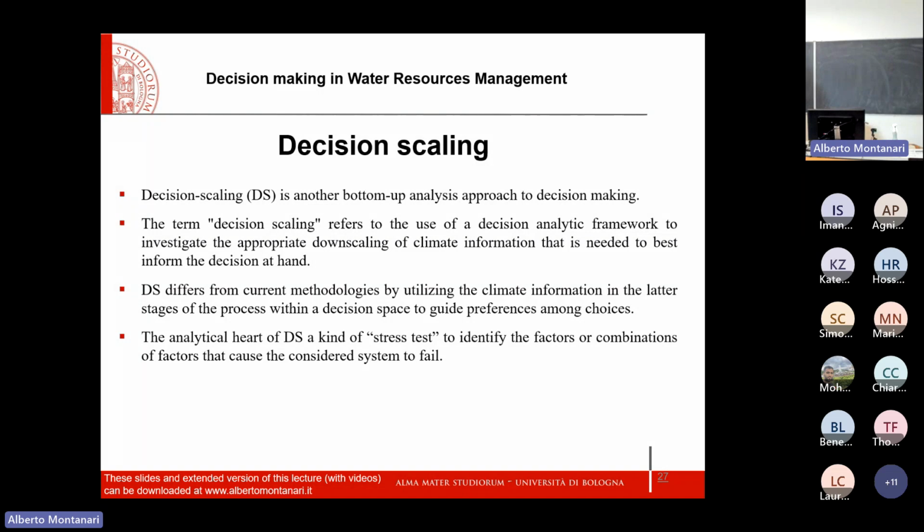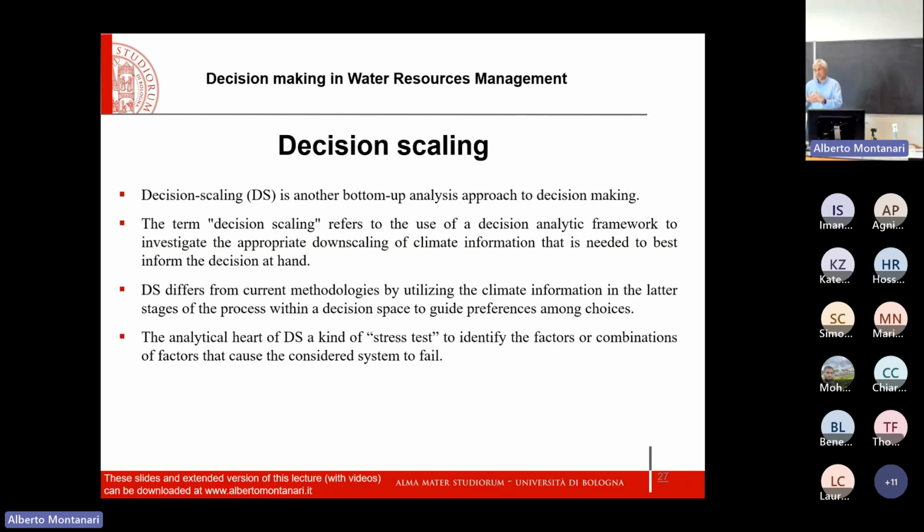Once I have uncertainty into the future, I can seek robustness by looking for the solution that minimizes the damage. And then we talked about infogap. Infogap is similar, but looks also at the opportunities.